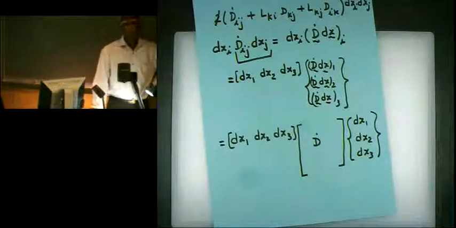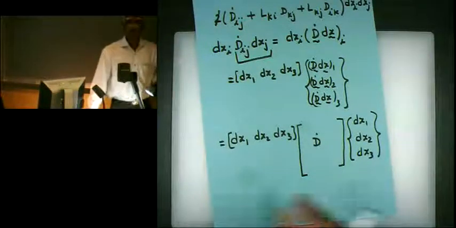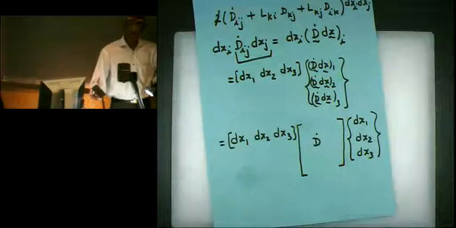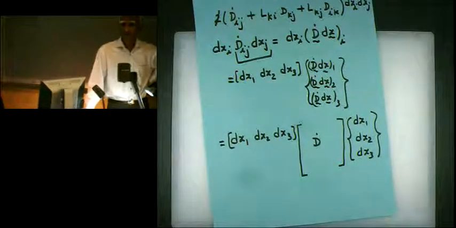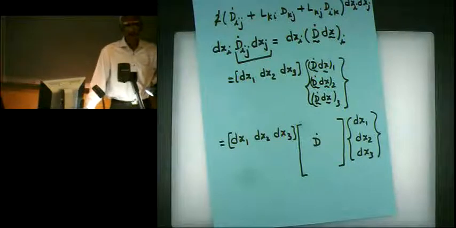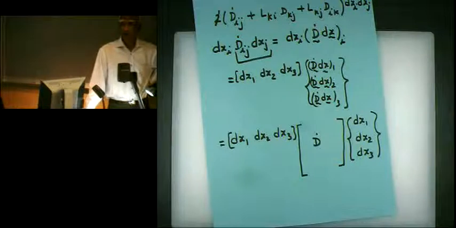So if you multiply this square matrix by this column matrix, you will get a column matrix. So the next thing is writing D dot as D11, D12, D13, D21, D22, D23, and so on. Does it make sense?